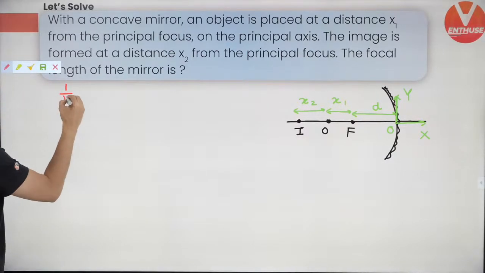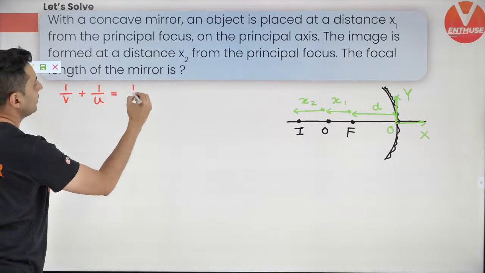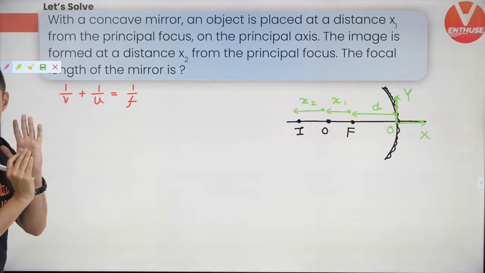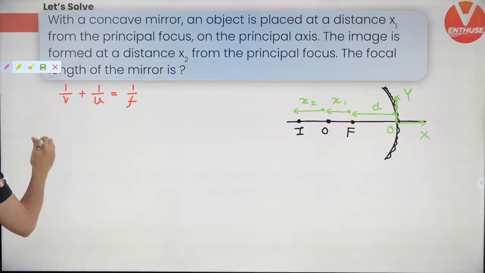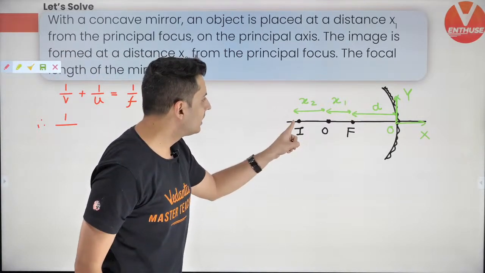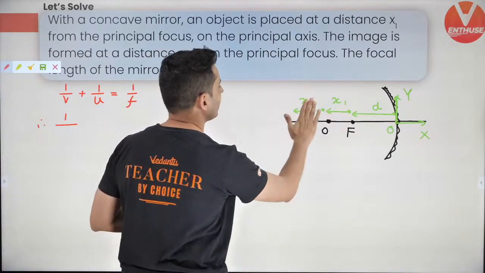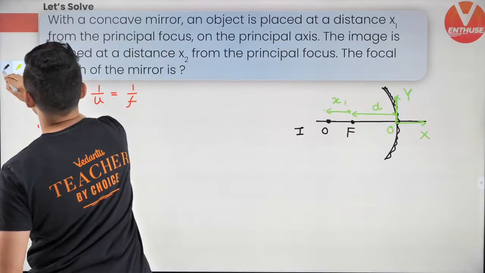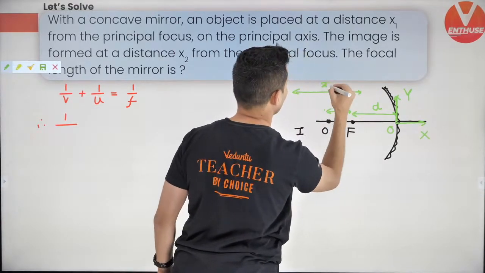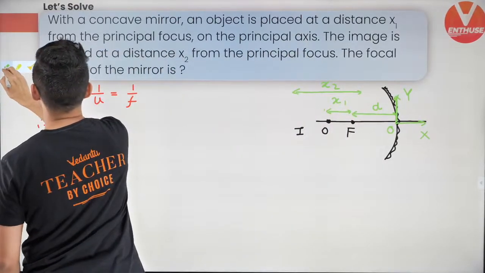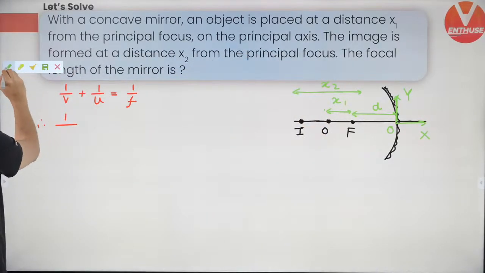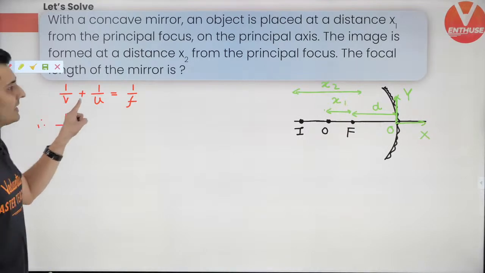Using mirror formula again, 1 by v plus 1 by u is equal to 1 by f. Guys, just start solving, you will get it. It's very simple. 1 by v, think about it. What will be v? Oh sorry, I think I marked x2 from the object. This was x2, guys, sorry. Okay, now I think it should be fine. What is image distance?